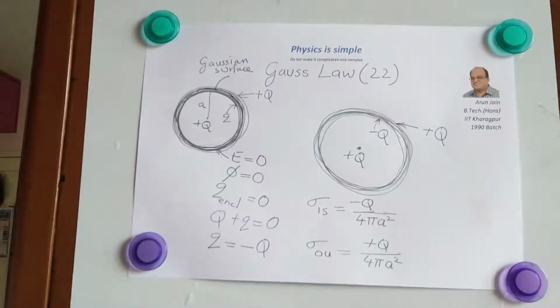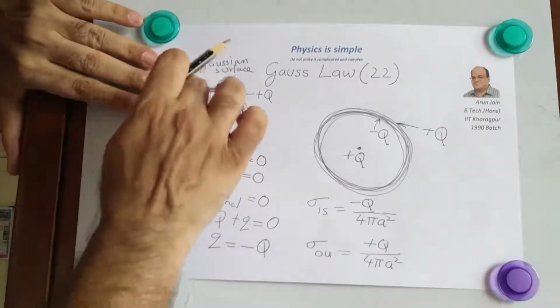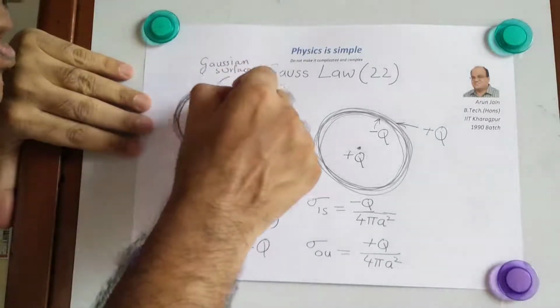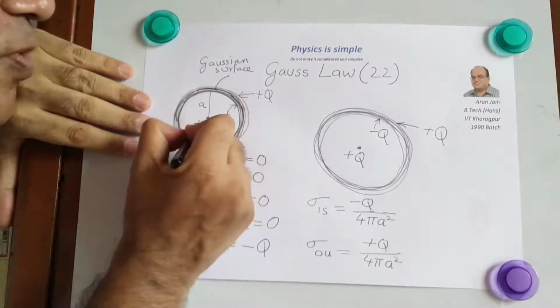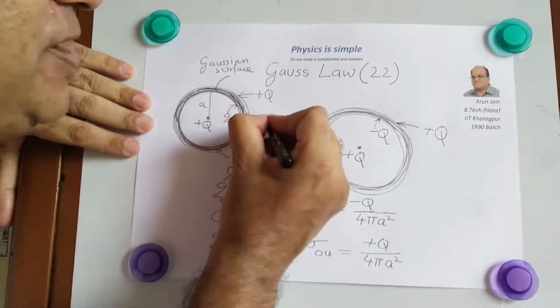Now, the second part of this question is, this is not an uncharged hollow metallic sphere, it is having a charge plus small q on its own. So this is now a hollow metallic sphere, there is a charge plus capital Q at the center, and this is also having a charge plus small q.